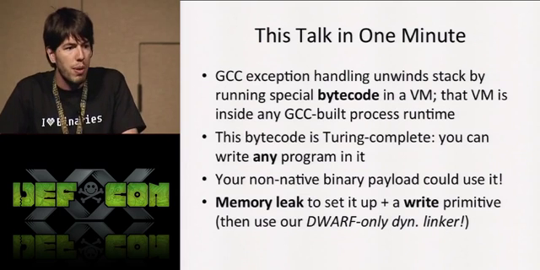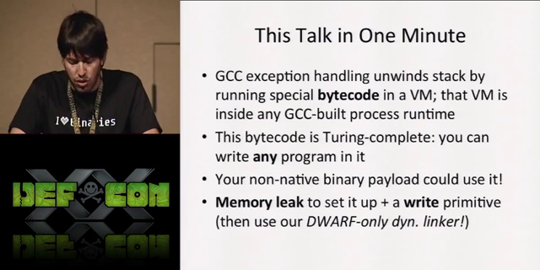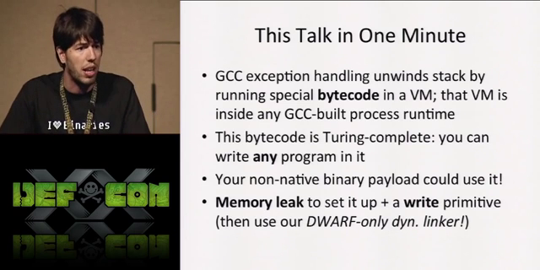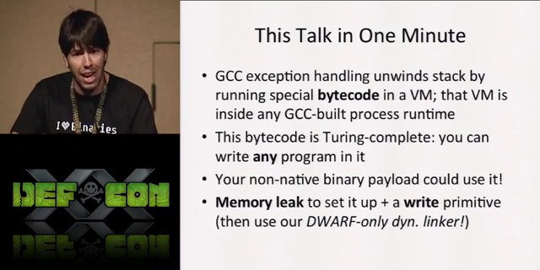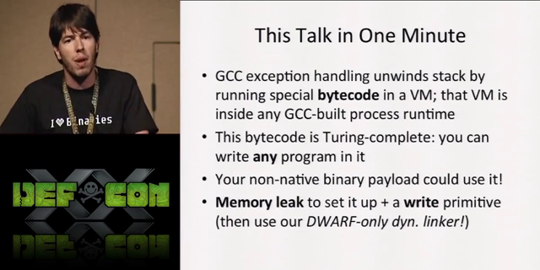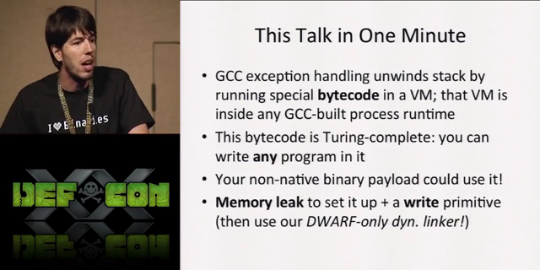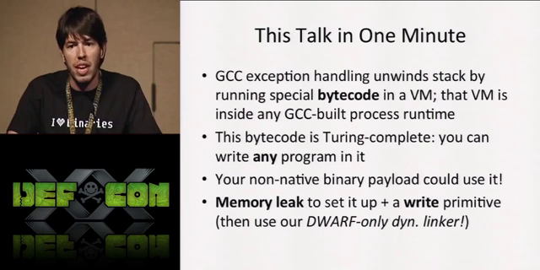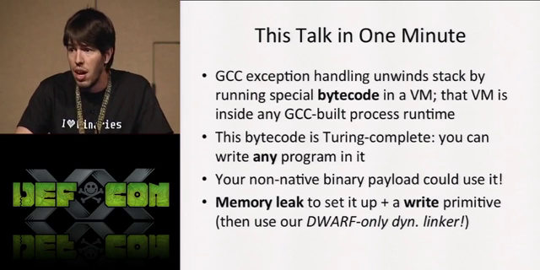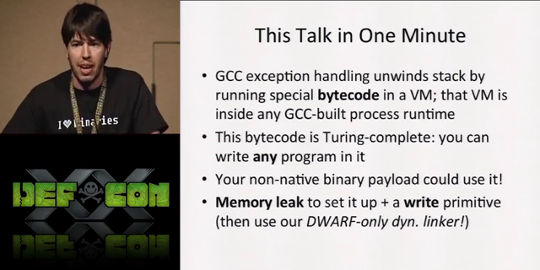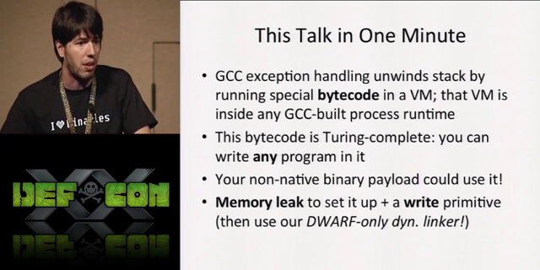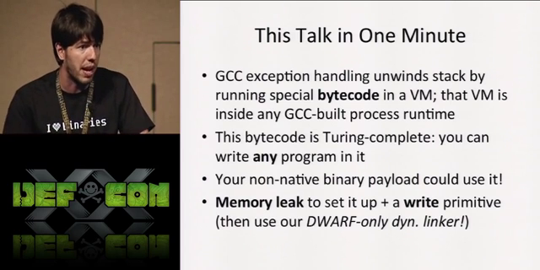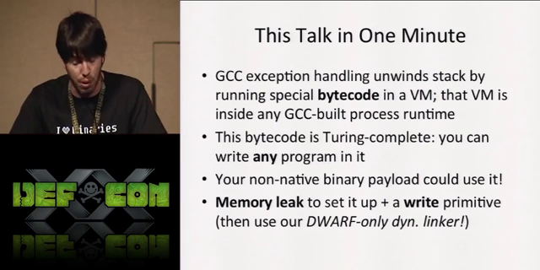If I need to summarize this talk in only one minute, basically it says that the GCC exception handling mechanism is capable of unwinding the stack, and it runs a special bytecode VM. This VM is Turing complete, which means that if we can manipulate the bytecode, we can completely manipulate the VM, and thus we can do whatever we want.